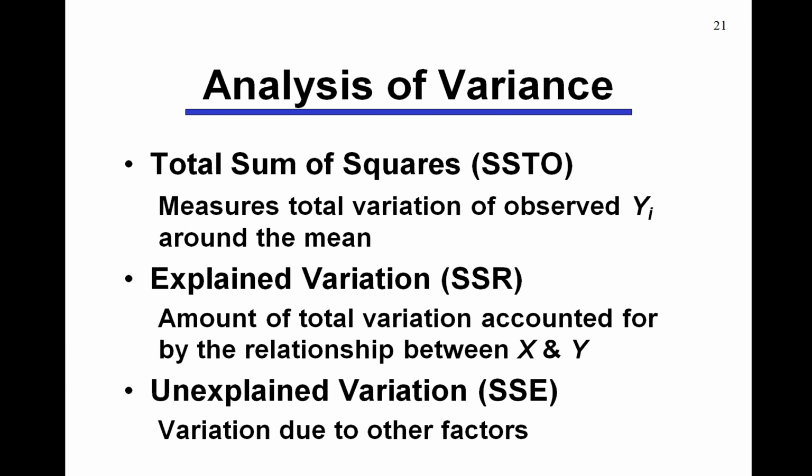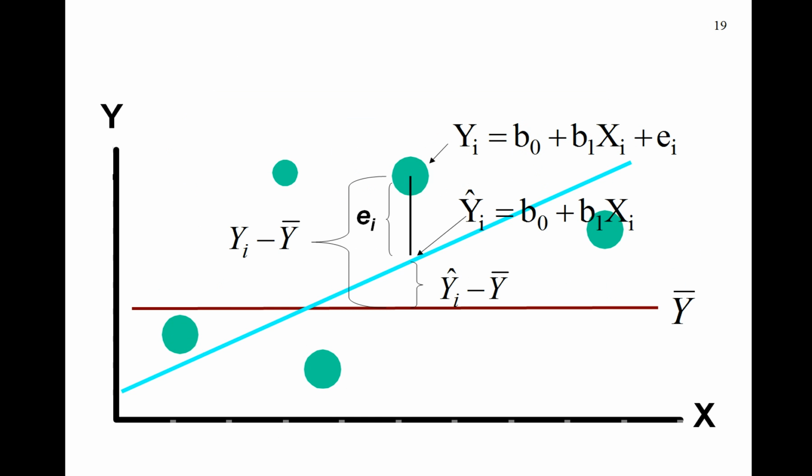The explained variation is what we sometimes refer to the sums of squares for regression as, and it's the amount of total variation accounted for by the relationship that we've built using our simple linear regression model. And then, of course, even if we were to use our fitted regression line, we would still have some variability.